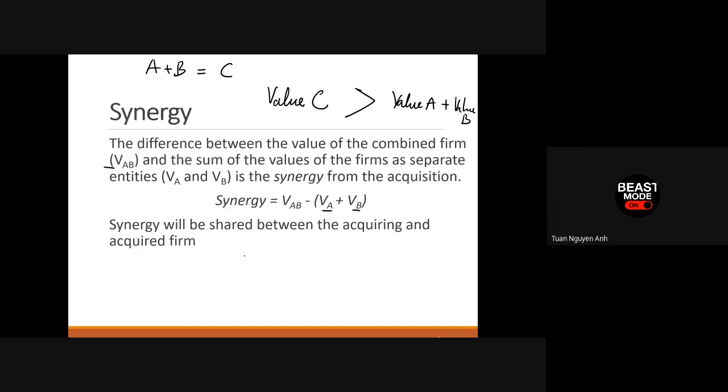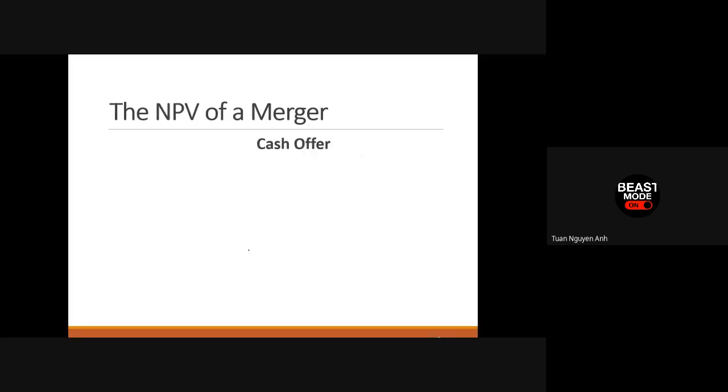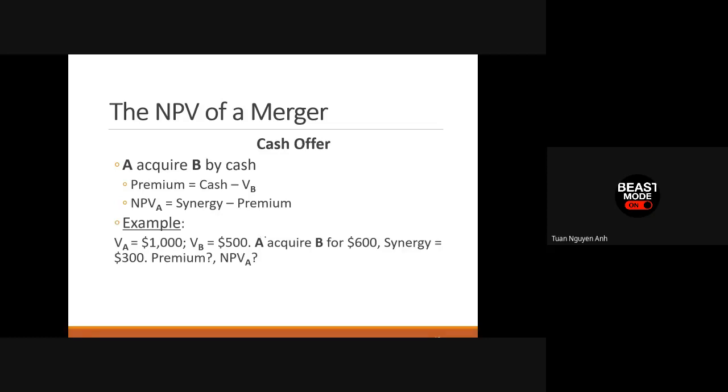We will go to how they are shared first. We go to the NPV of the merger first, and by giving you an example, we will see how the synergy will be shared.